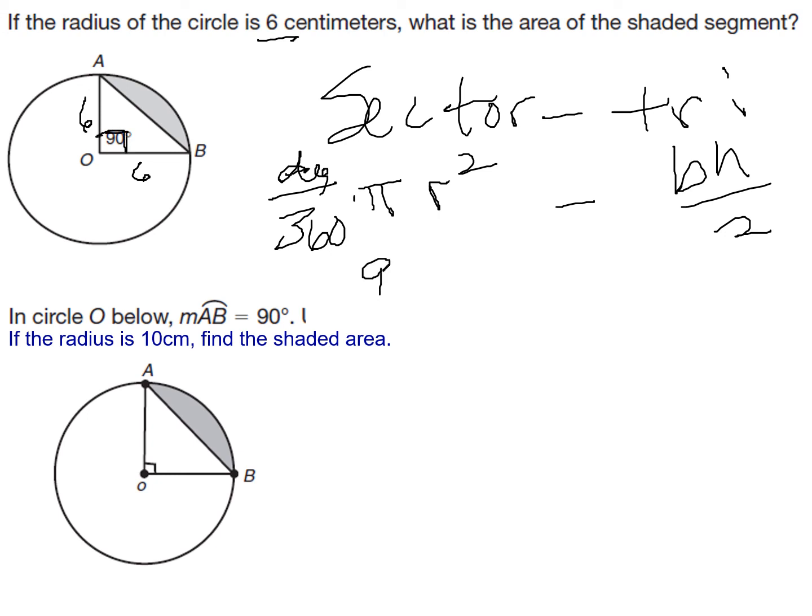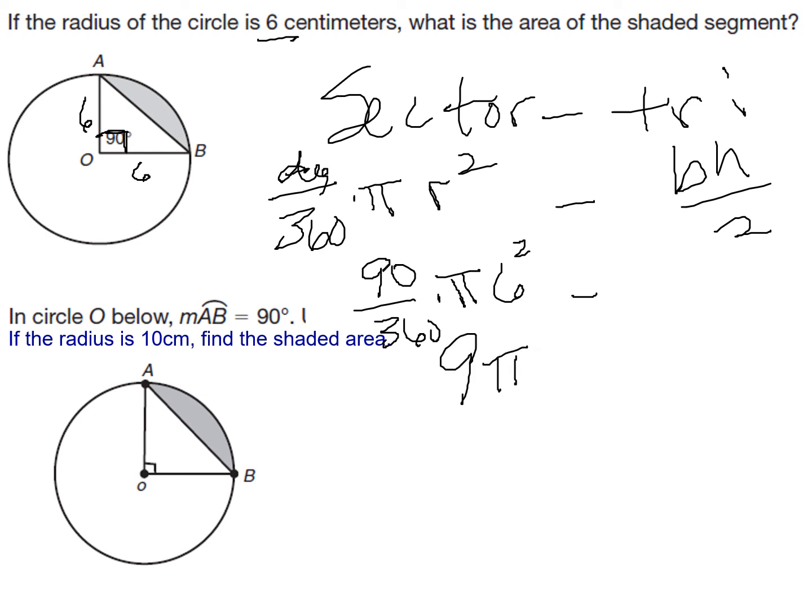So the degrees are going to be 90 over 360 times pi. The radius is 6 squared. So let's put that in the calculator without pi, and you get 9. So this is 9 pi for the sector.